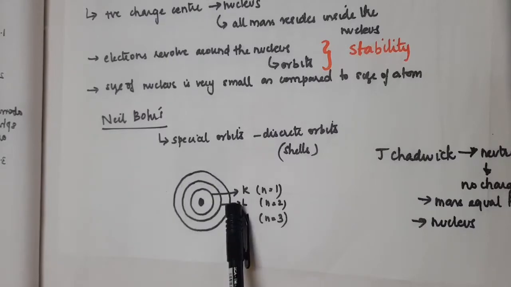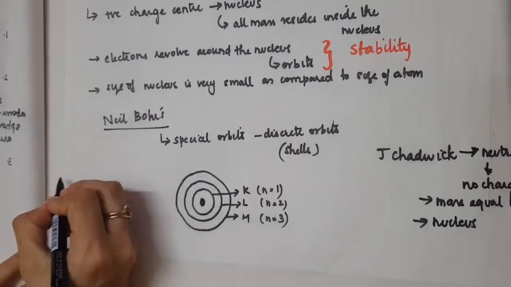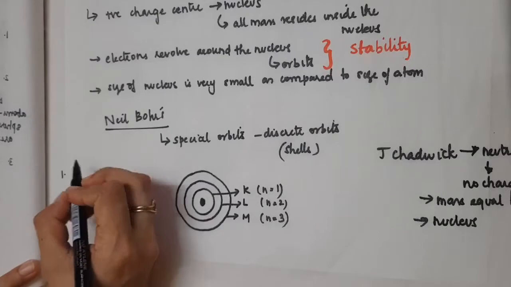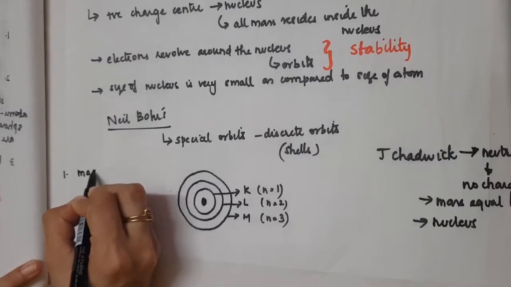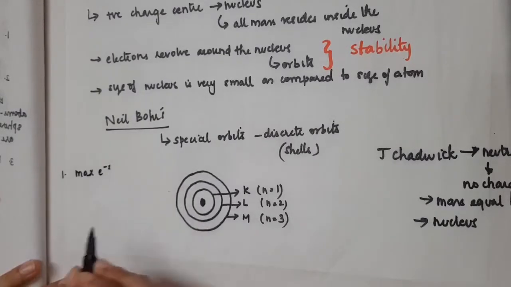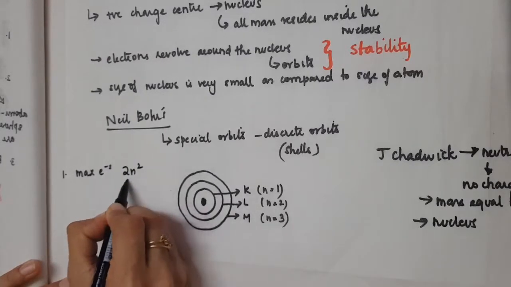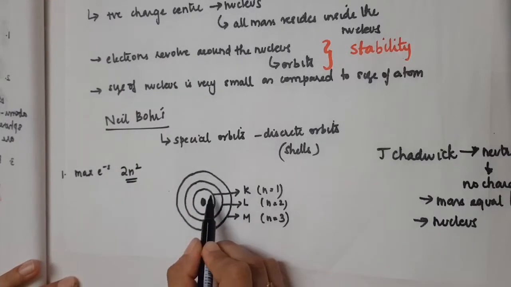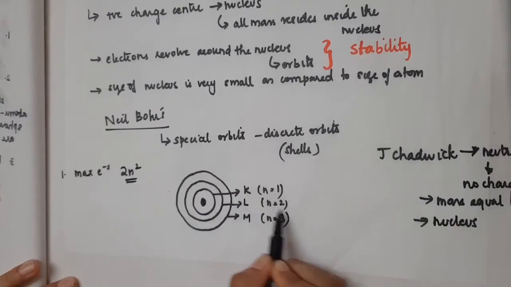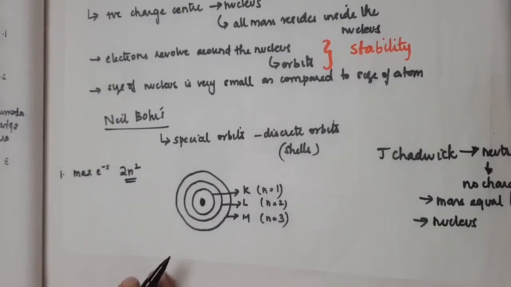The first rule they had said was that the maximum number of electrons in an orbit or shell is 2n square, where n is the number of the orbit, that is n is equal to 1, n is equal to 2, n is equal to 3, and so on.